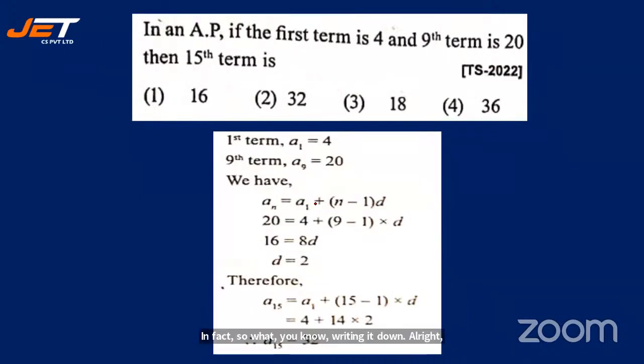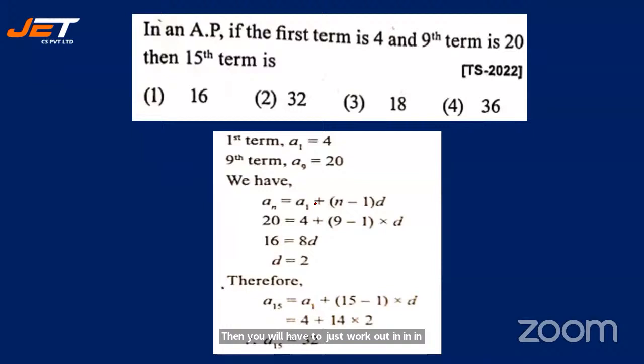In an AP, if the first term is 4 and 9th term is 20, then what is the 15th term? So it has been worked out for you. See, first term a1 is 4, 9th term a9 is 20. Then you will have to just work out in the an formula, a plus n minus 1 into d.